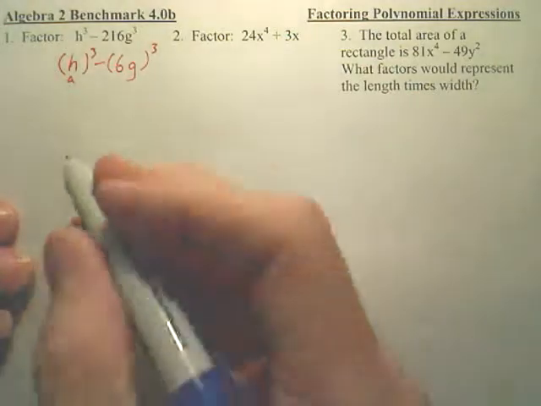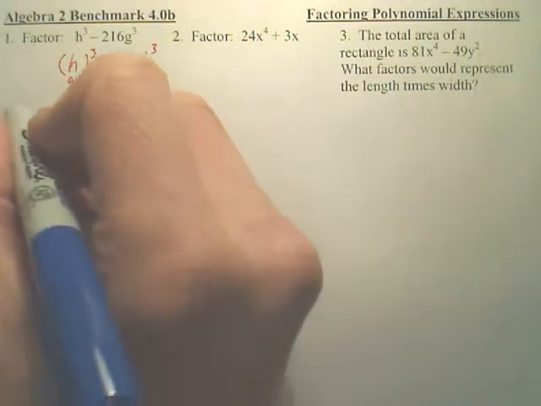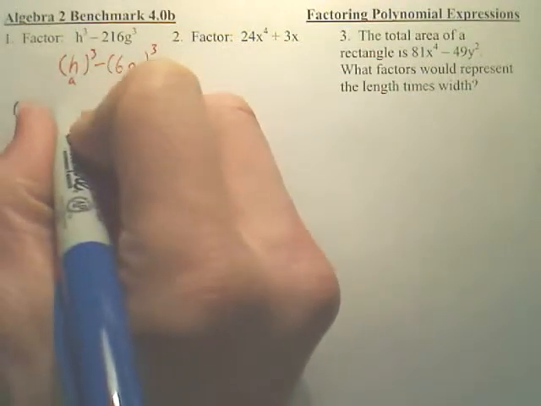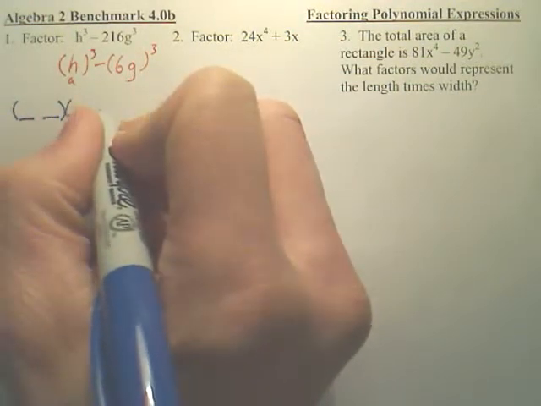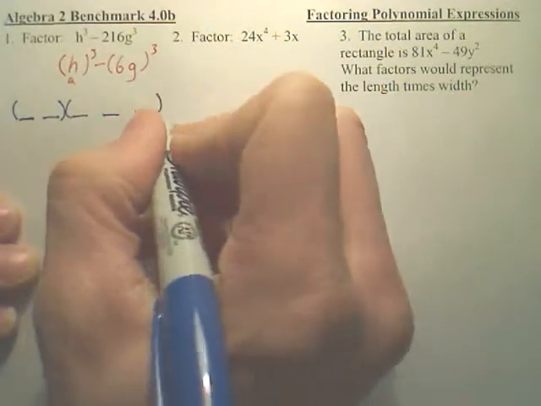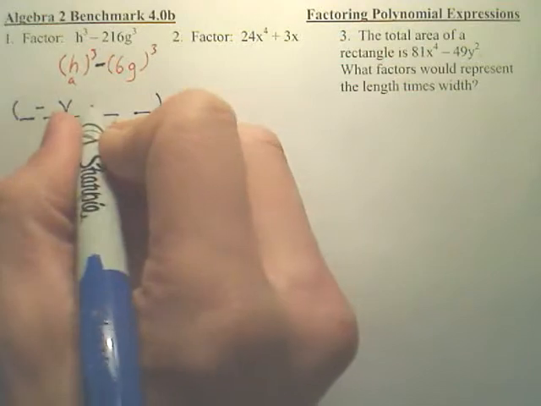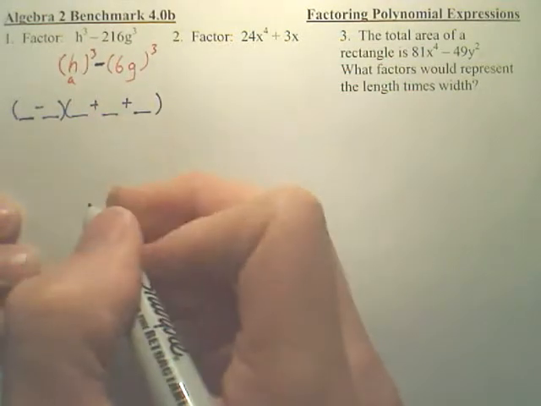Then you have to know your difference of cubes formula. And the difference of cubes formula goes like this. You have 2 pieces, then you have 3 pieces. Now with a difference of cubes, it's going to be a minus, plus, plus.